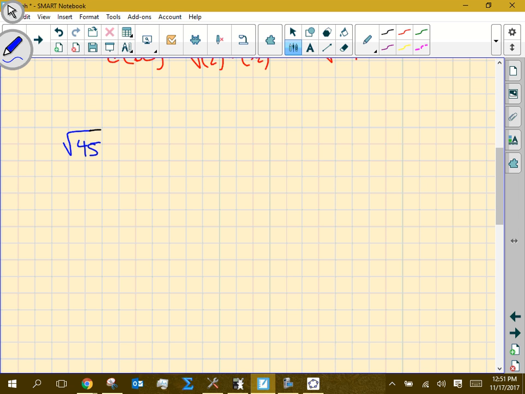The smallest whole number I get back would be 2. You can divide it by itself and get 1, but that's not really interesting. If I divide it by something, the first whole number that I would get back could be 2. So what do I have to take 45 and divide it by to get 2?